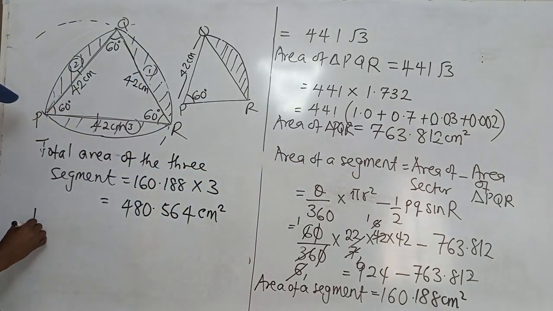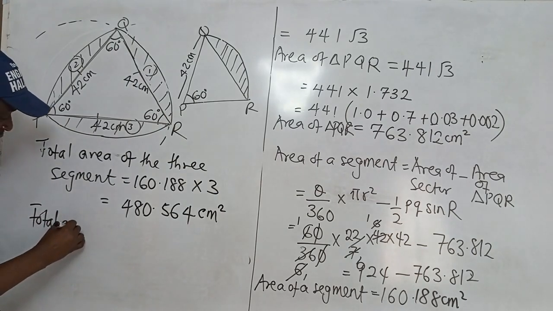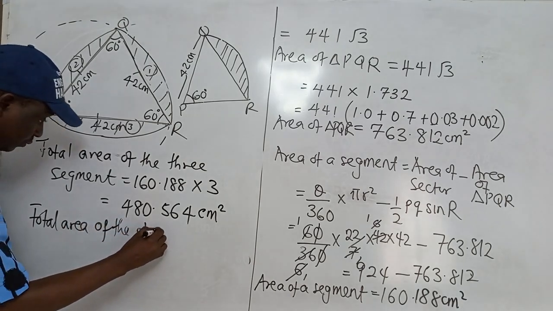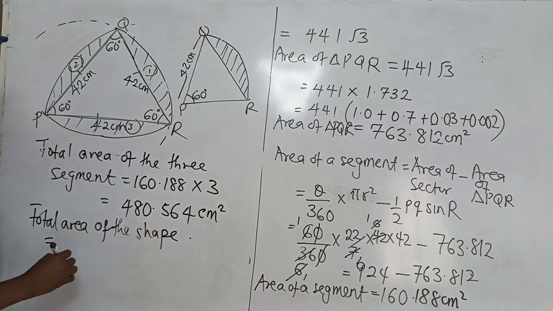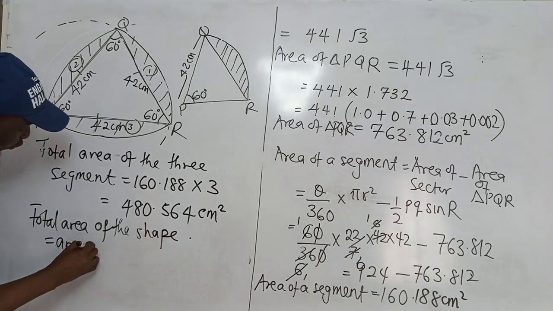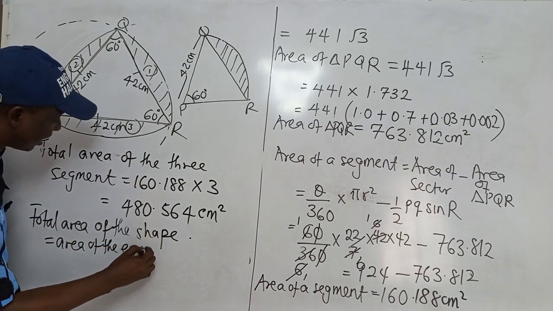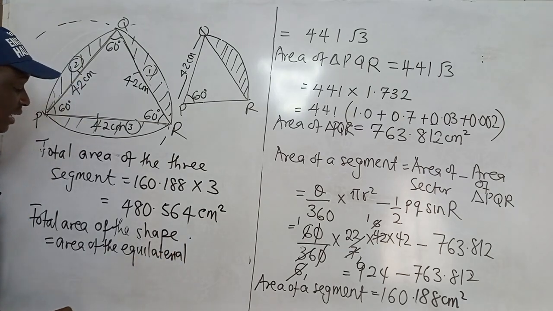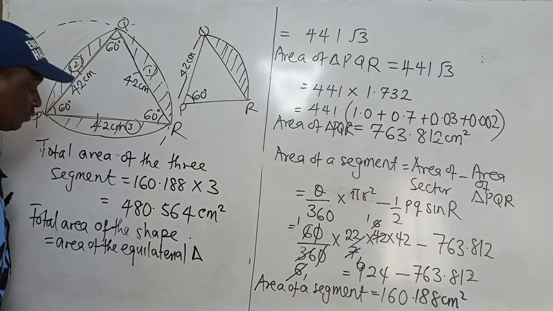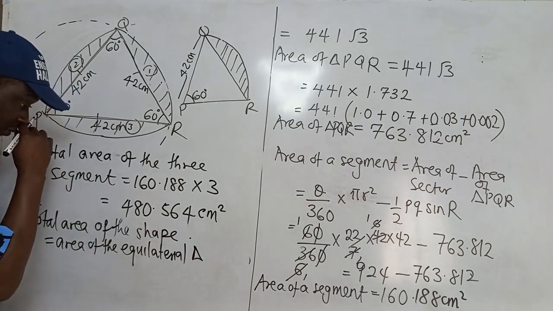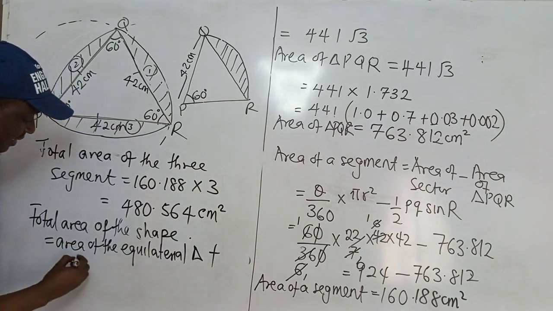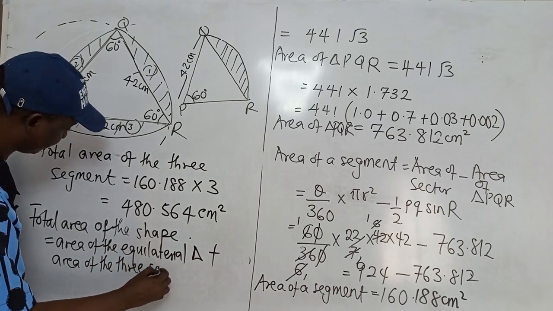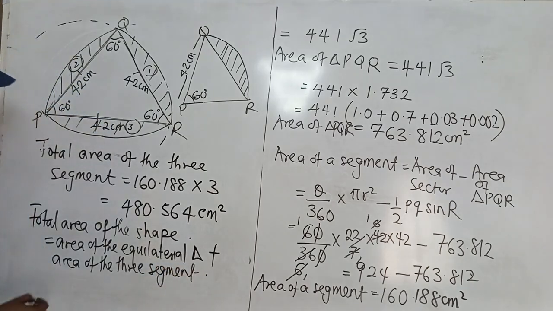So what do we now do to get the total area of the shape? The total area of the shape is equal to the area of the equilateral triangle plus the area of the 3 segments. That will give us the total answer.